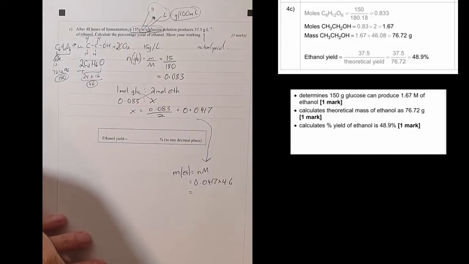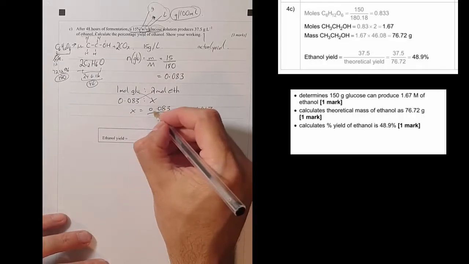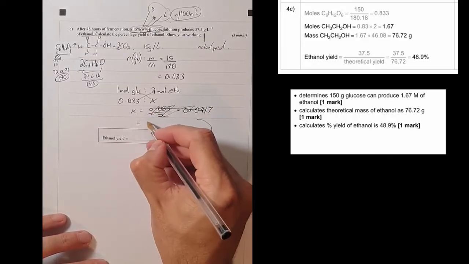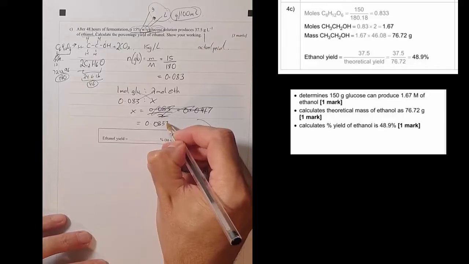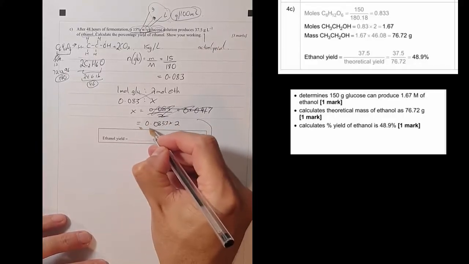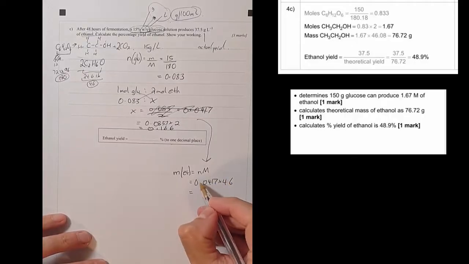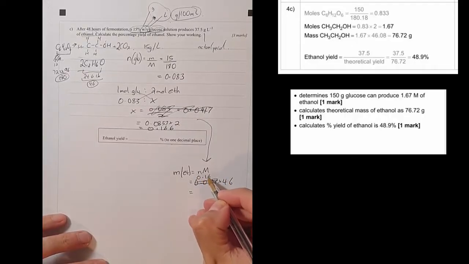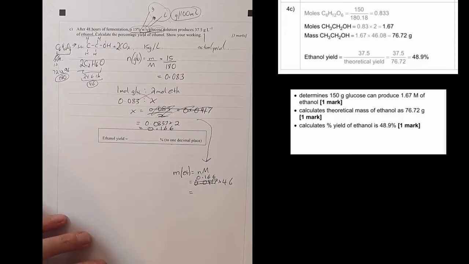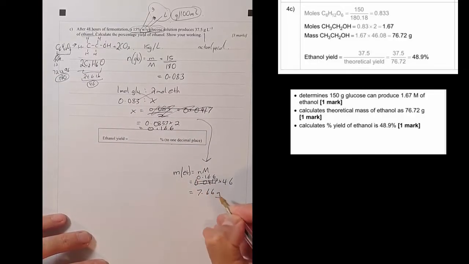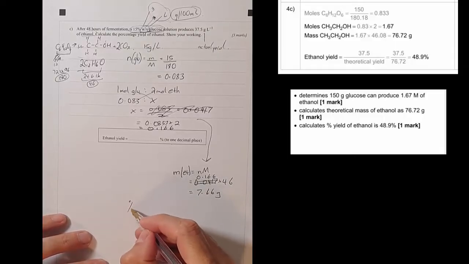So 0.0833 times 2 equals 0.166. Then 0.166 times 46 is 7.66 grams.